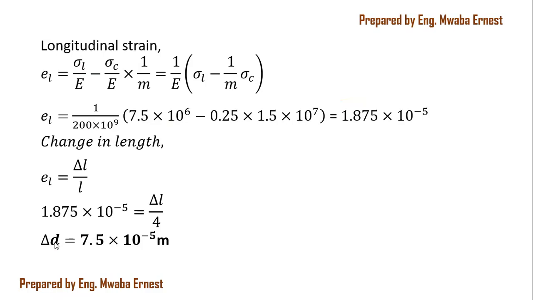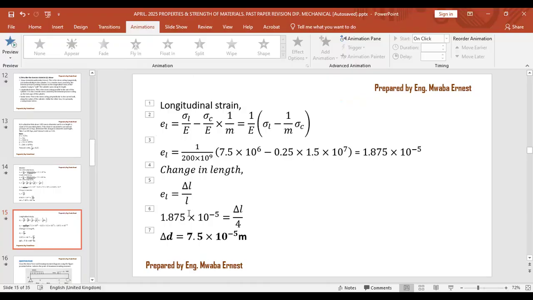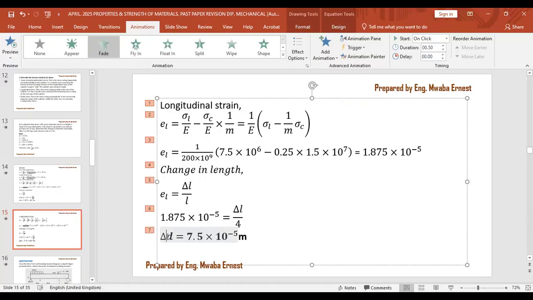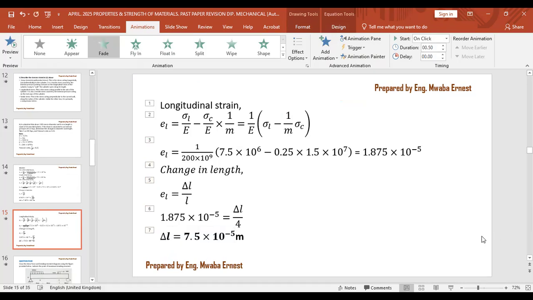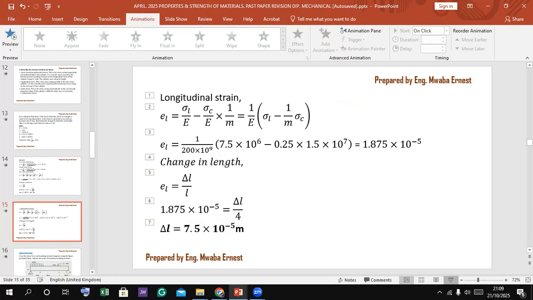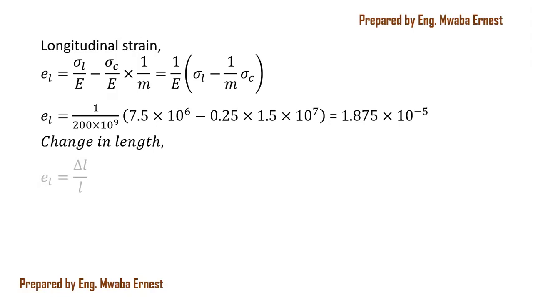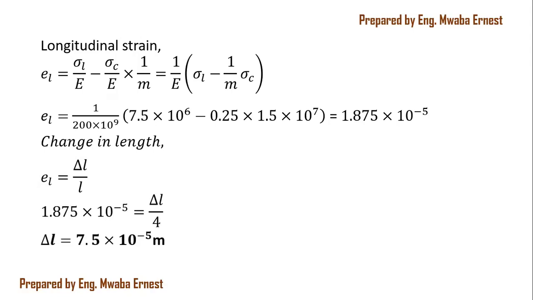This is not supposed to be change in D, but change in length. Let me quickly write it the correct way so that you don't end up mixing them up. So this is actually change in length, and our answer is 7.5 times 10 raised to power negative 5.